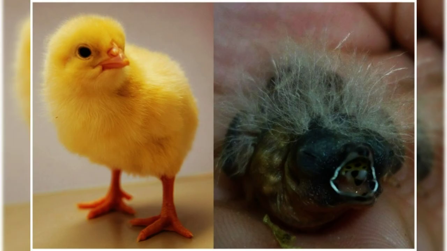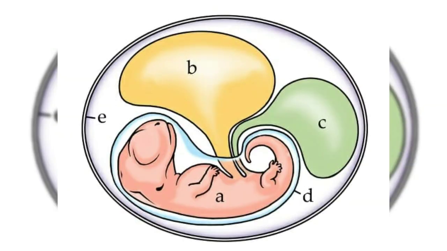Precocial development. The type of development in birds where birds are born with their eyes open and can feed themselves. Allantois. The extra-embryonic membrane that is responsible for the excretion of waste in an amniotic egg.